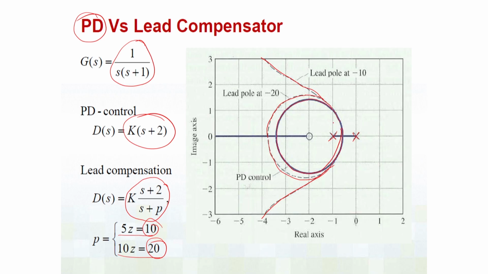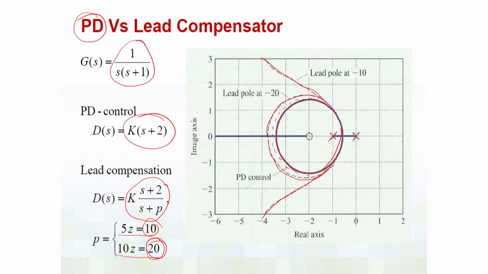So, in comparison to the PD compensator, the lead compensation is a slightly distorted form of circle, but you can control that circle by having a pole which is further and further away, because this is with 10 z. You can go for 20 z, 100 z, and we would see that this will gradually approach this particular circle.